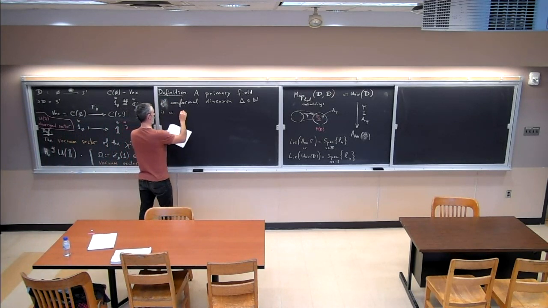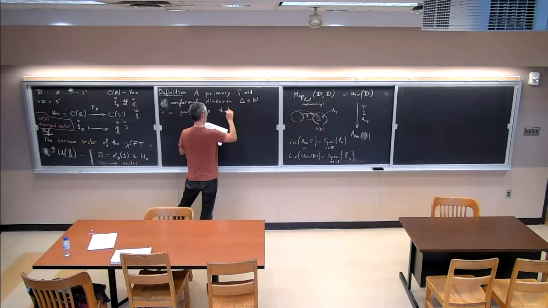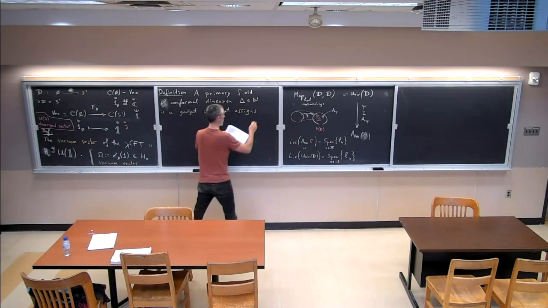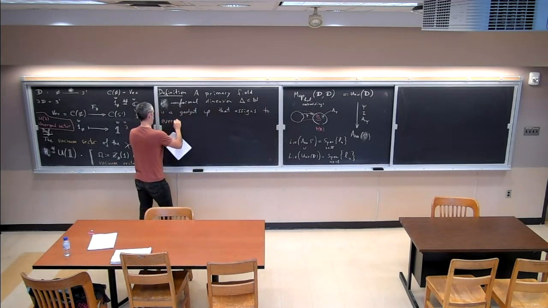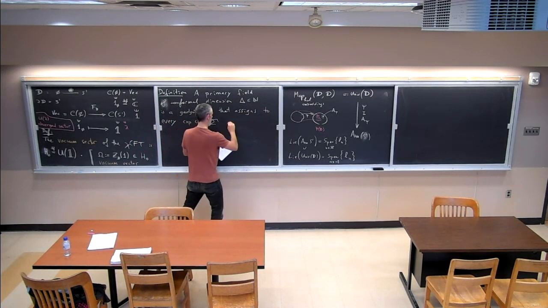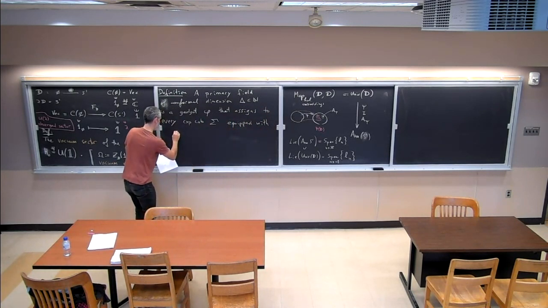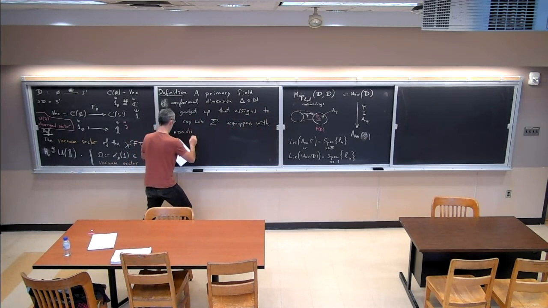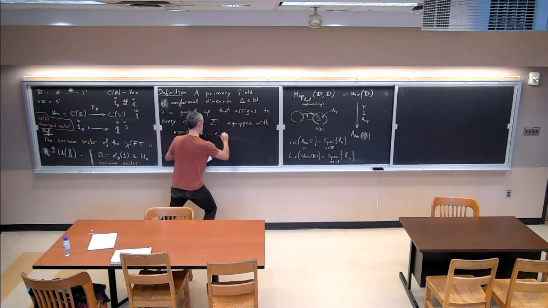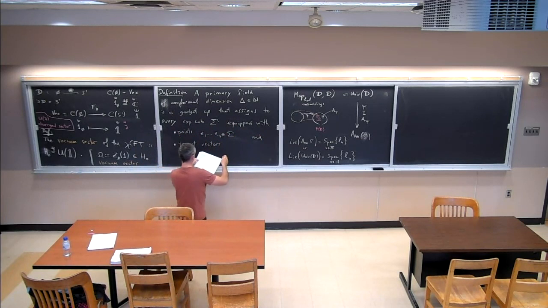Well, it is a gadget phi that assigns to every complex cobordism sigma equipped with points z1 up to zn in sigma, and tangent vectors at these points.